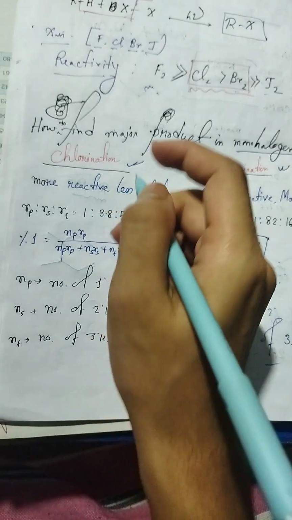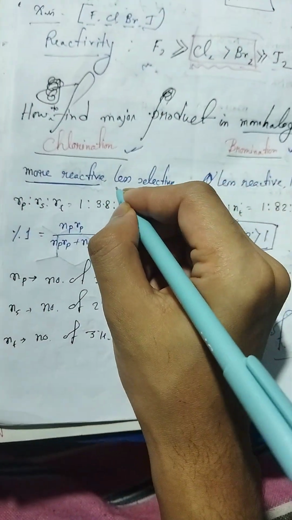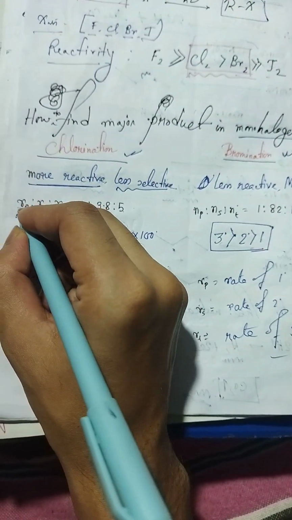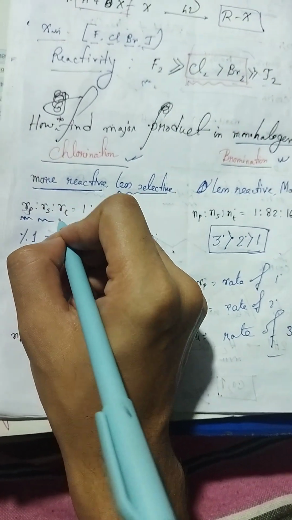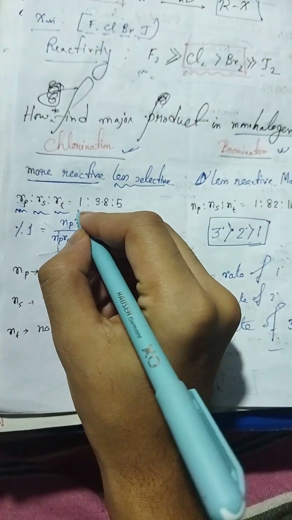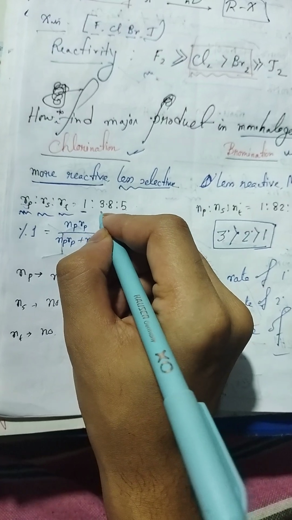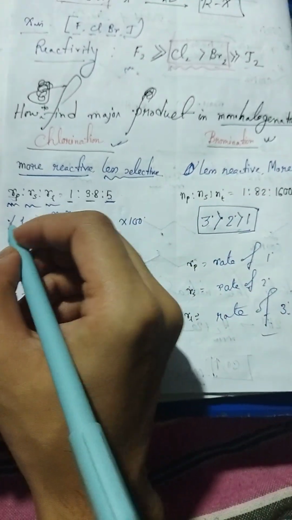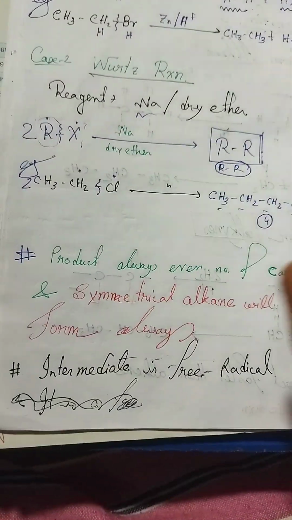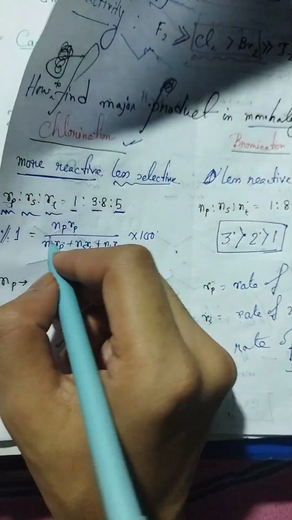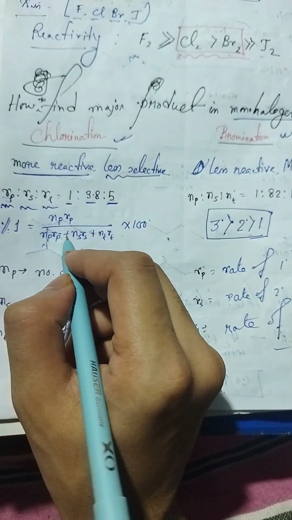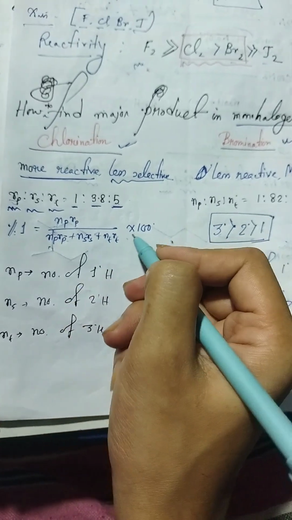Now first talk about chlorination. Chlorination is the most reactive and less selective. The rate of primary, rate of secondary and rate of tertiary is 1:3.8:5. If the percentage of 1 degree chlorination is needed, the formula is NPRP by NPRP plus NSRS plus NTRT into 100.